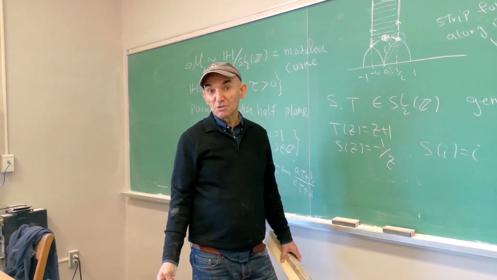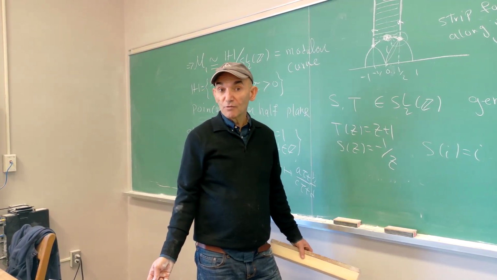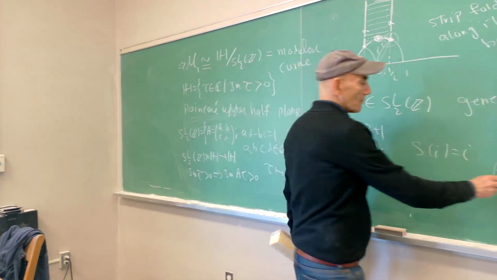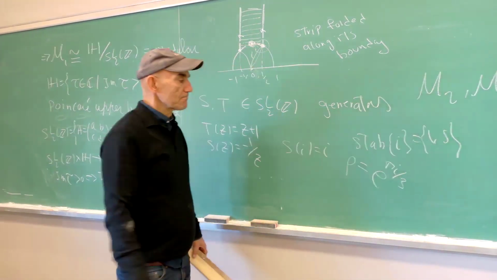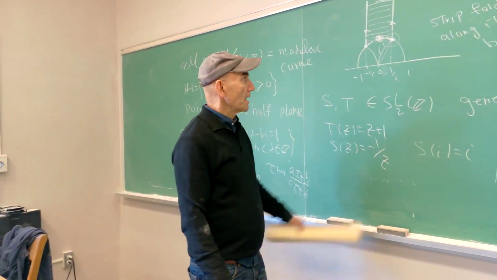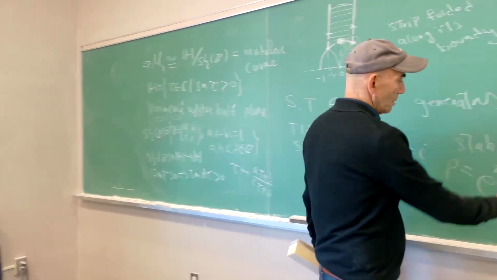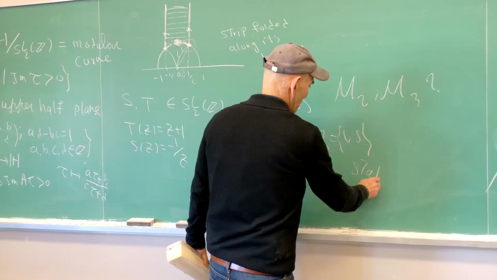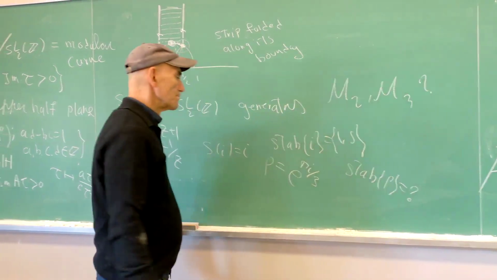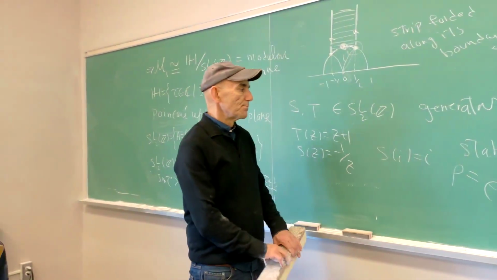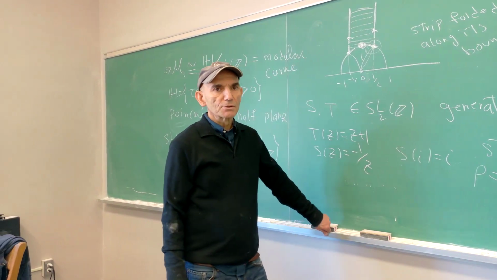So that point is going to be e to the 2 pi i over 3, or e to the pi i over 3. So what is the stabilizer of this rho?